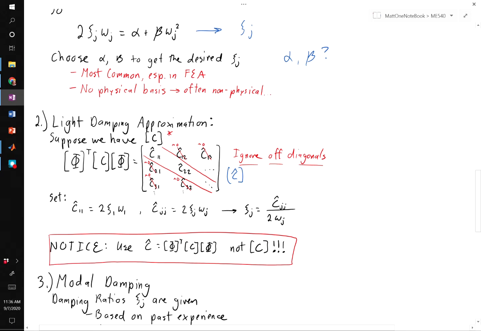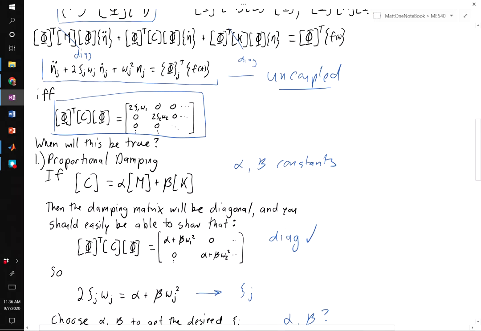And basically, if we just ignore all of the off-diagonals or hope that they're small, then we can do everything exactly as we had up above. So we have a bunch of values on the diagonal. For each value on the diagonal, we can solve for the damping ratio. And we have our modal damping that we would then plug into this equation up here, and then we would solve it.